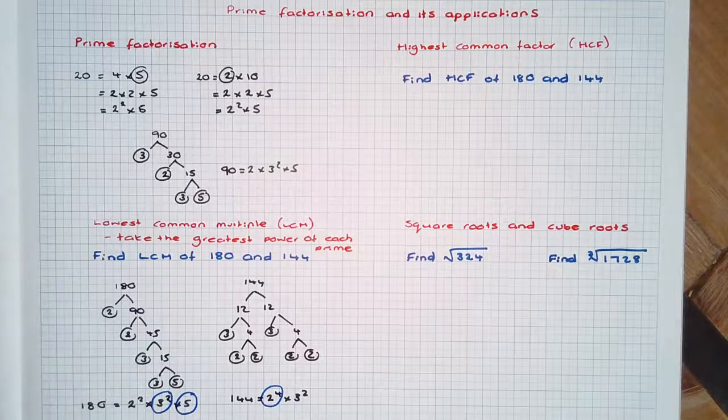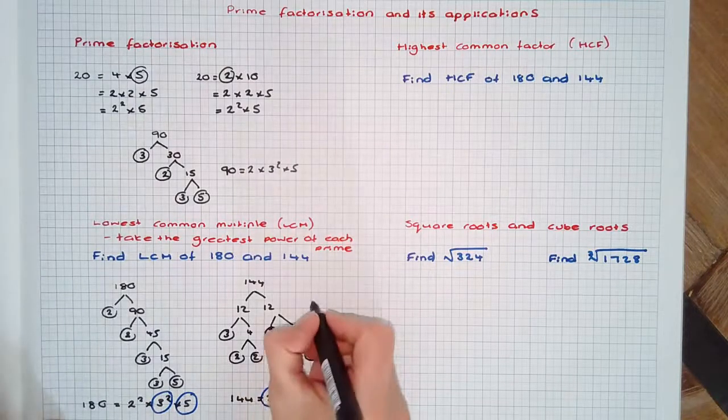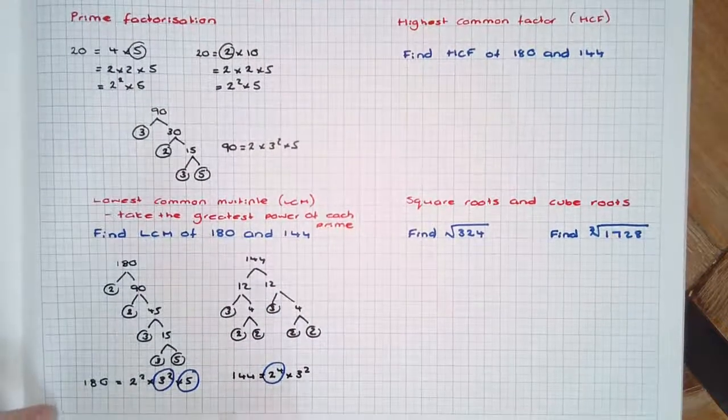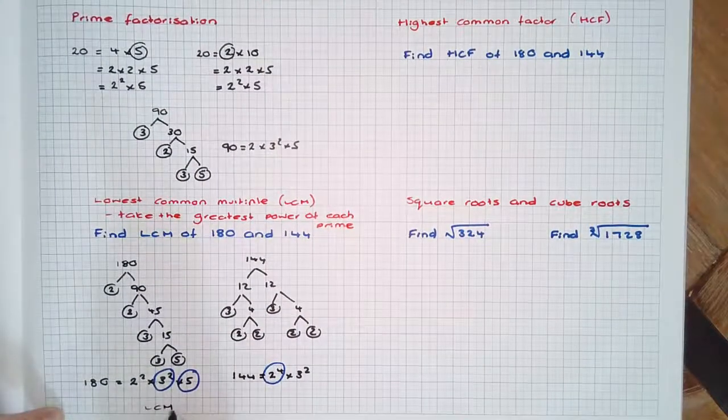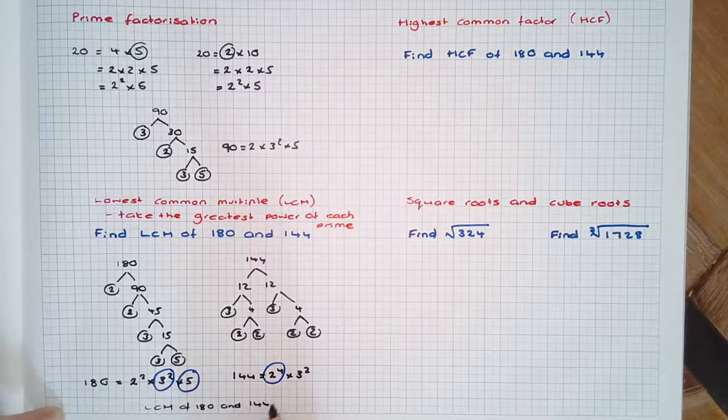So our lowest common multiple of 180 and 144 is 2 to the power of 4 times 3 to the power of 2 times 5 to the power of 1.